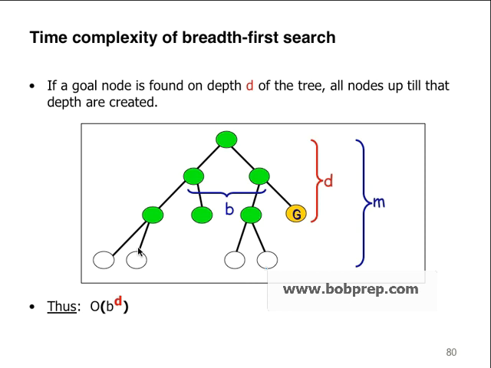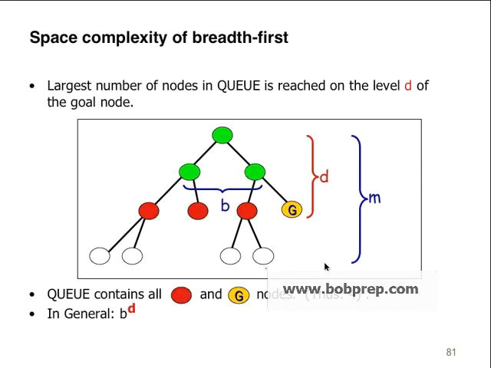Time complexity in terms of the search: if the goal node is found at depth D of the tree, all nodes up to that depth are created. Once the node is found, it's supposed to stop. So it's to the depth of the tree in terms of its complexity, which makes it ideal for some situations.